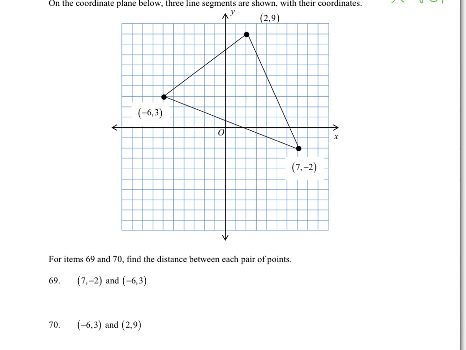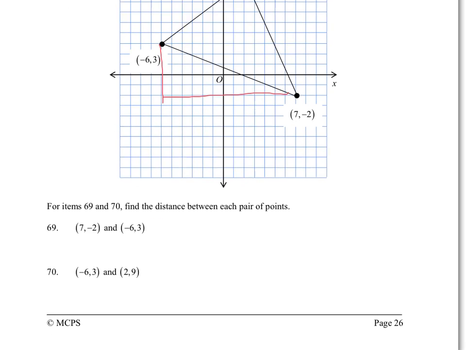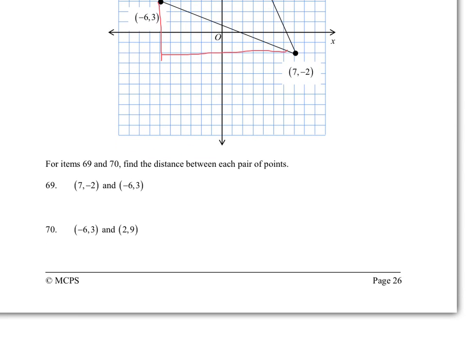You can use your graph and do Pythagorean's theorem and find the lengths, or you can use the distance formula. The distance formula is Pythagorean's theorem, but in a simplified way, and it's given to you, so I'm just going to use that. The distance is going to be the square root of (x2 minus x1) squared plus (y2 minus y1) squared.